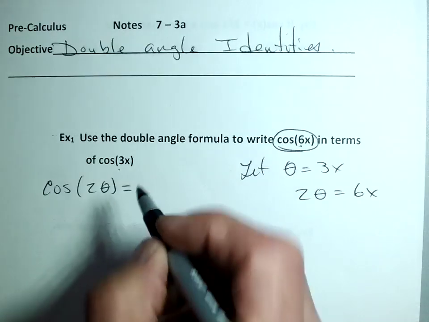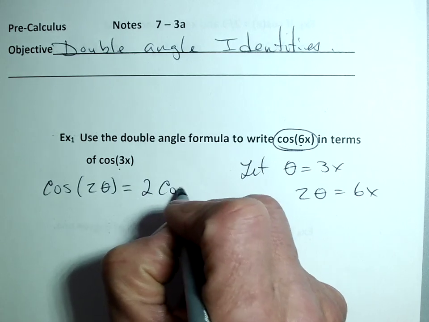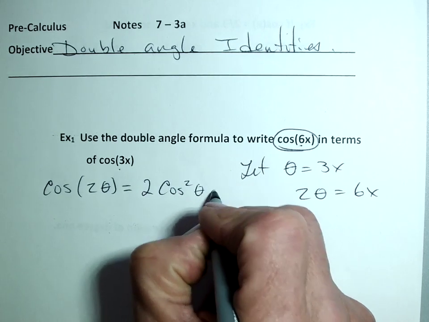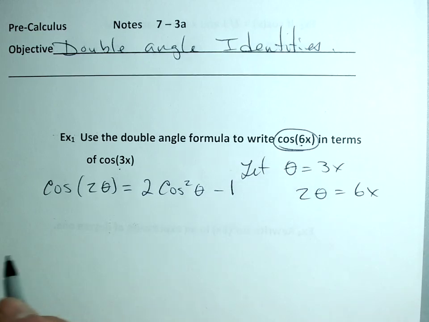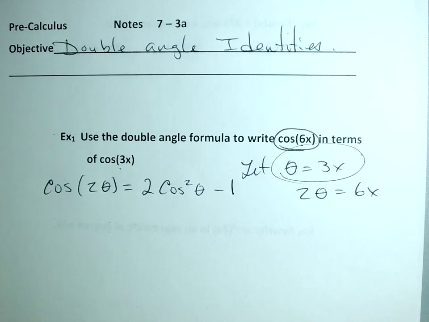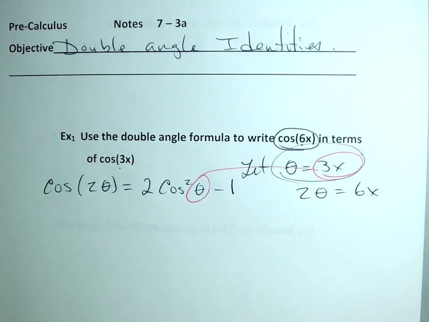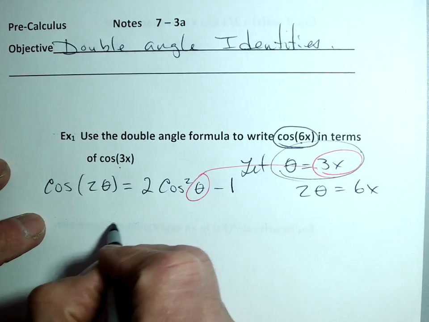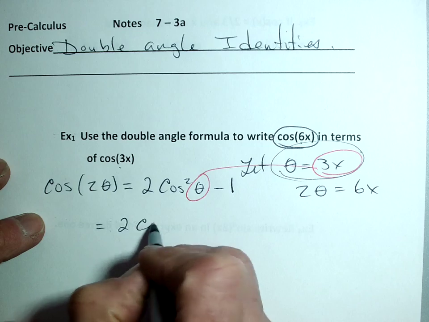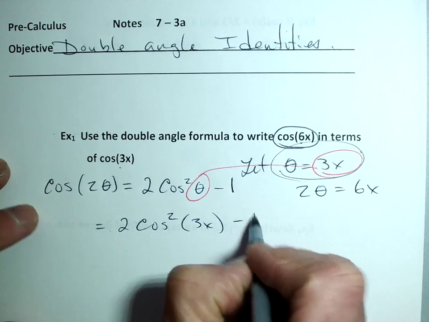So this is going to equal 2 cosine squared theta minus 1, where we rewrite theta as 3x. Now I'm going to put my 3x back in here, so I'm going to rewrite this as 2 cosine squared of 3x minus 1.